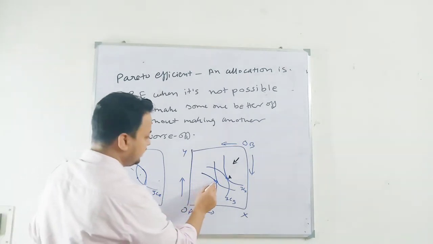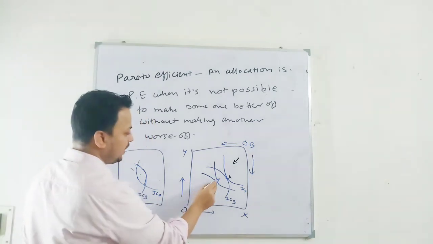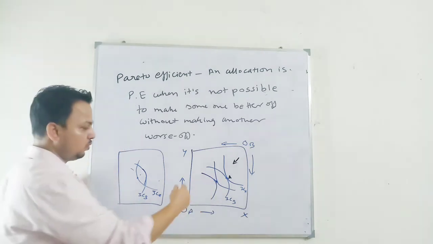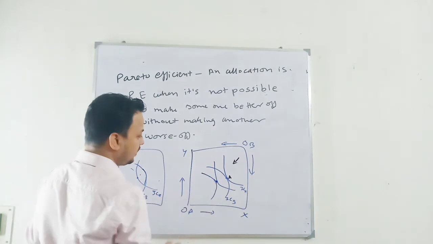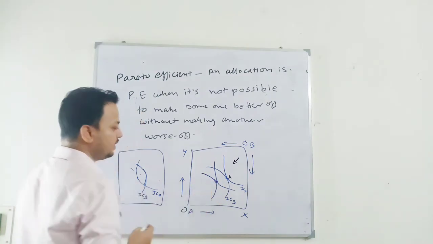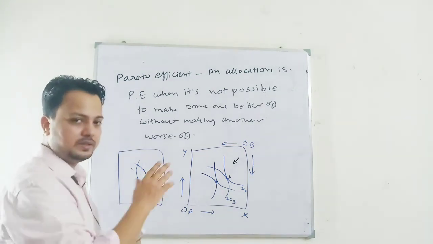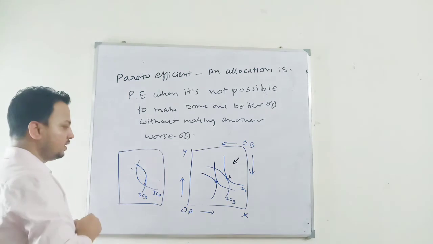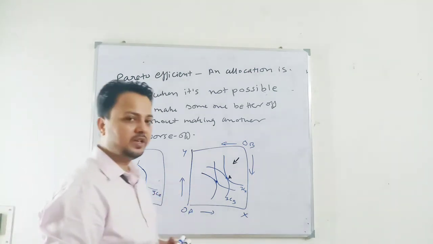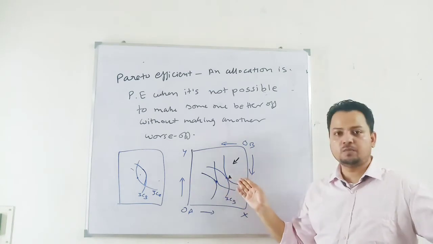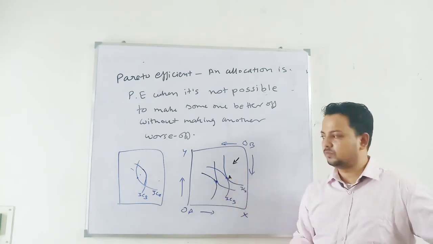But when we have tangency, if I want to make one better off, another is getting worse off. So the allocation where you have tangency of both indifference curves in this exchange economy is Pareto efficient. Why is it Pareto efficient? Because no more Pareto improvement is possible. When you want to make someone better, another is getting worse off.